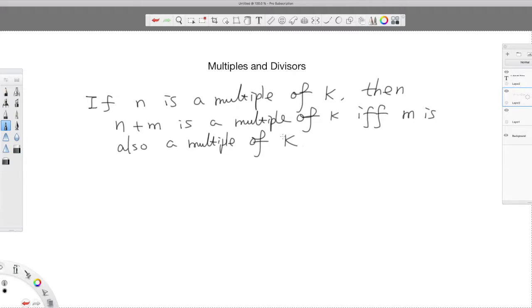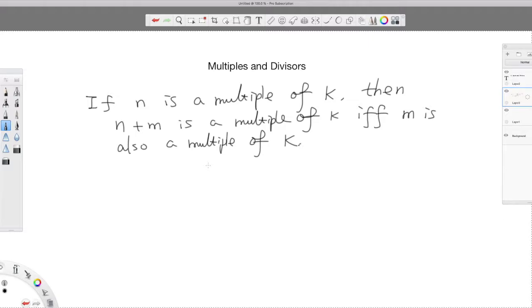In problem 4, we basically have n is 147, k is 7. So 147 is a multiple of 7. Then 147 plus m is a multiple of 7 if and only if m is also a multiple of 7.